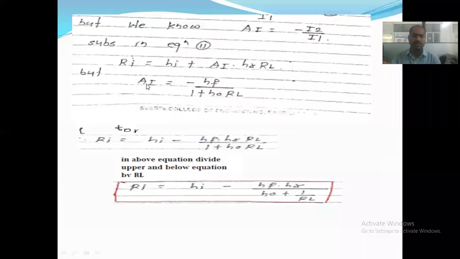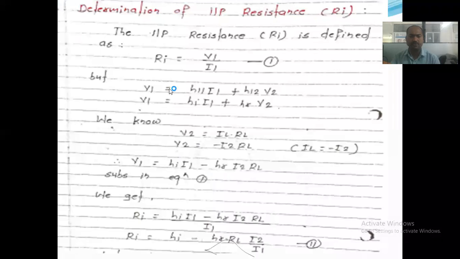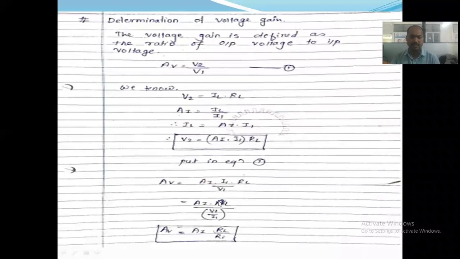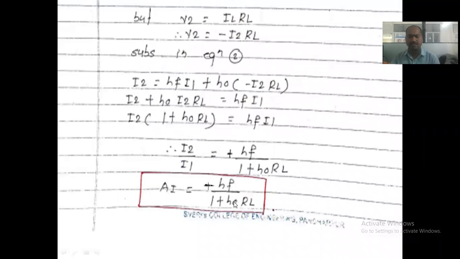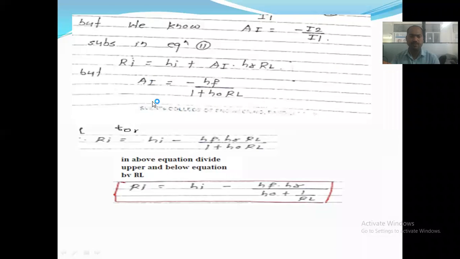Okay, so we know another equation for the current gain, which we have already seen. The current gain equation is Ai equal to minus Hf divided by 1 plus Ho RL. We have to put the same value here, right? So Ai equal to minus Hf divided by 1 plus Ho RL, and we put the same value in this equation.